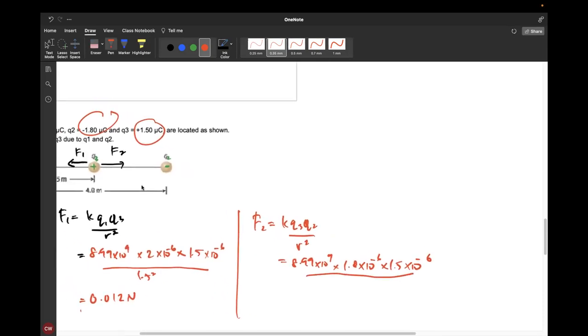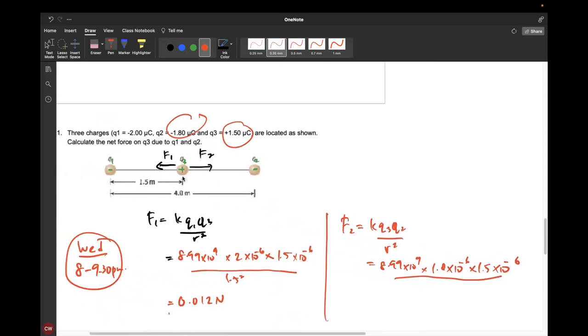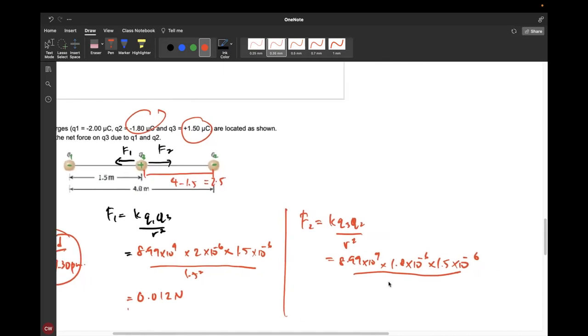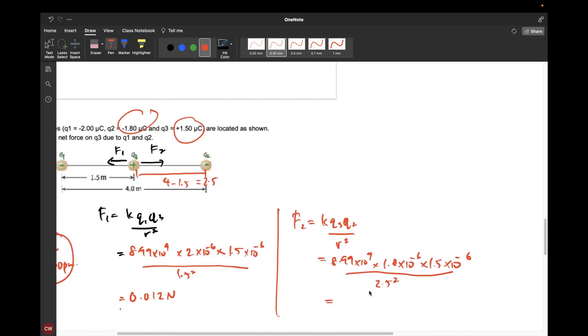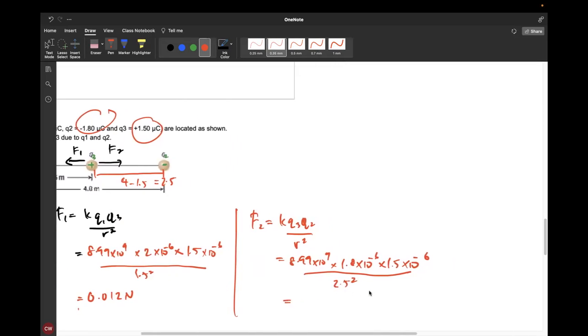The distance, you have to take the distance here to here. So here to here is 4 minus 1.5, so it's 2.5. Okay, so what is the answer now?